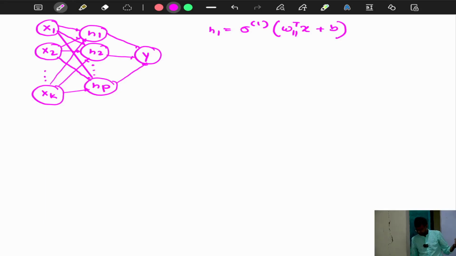Why am I using 1? Because H2 I will probably write with 1 2, and when I write HP I will write 1p.